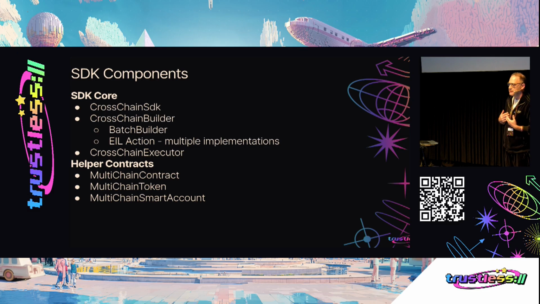And of course, the account itself. You as a user have an account, so it is a multi-chain account. It's a wrapper around a smart account, and it manages all the interaction within the different chains, manages the nonces on the different chains, and when it needs to deploy, everything.